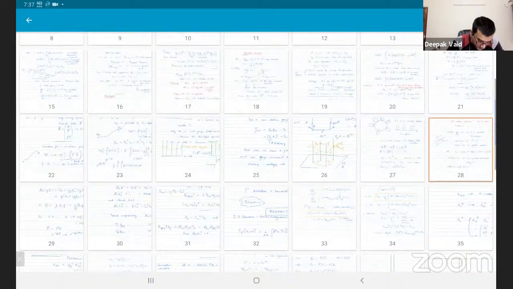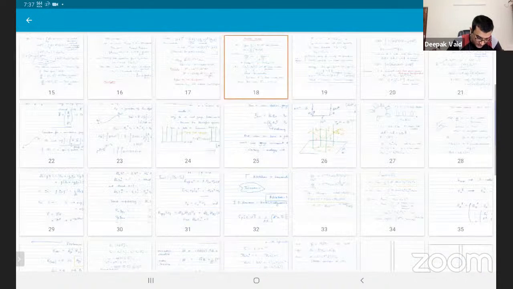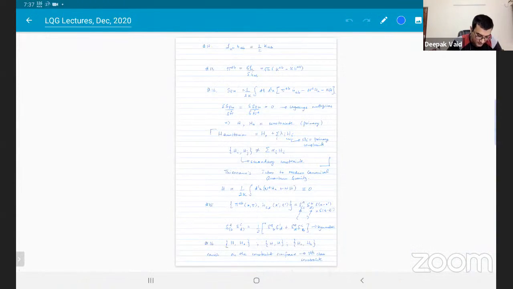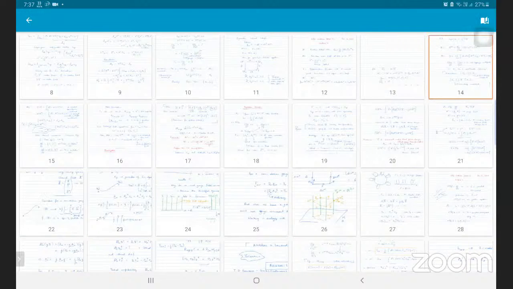I don't remember which lecture. The question is, what is the significance of this equation in quantum gravity, and how do we get it for different models?